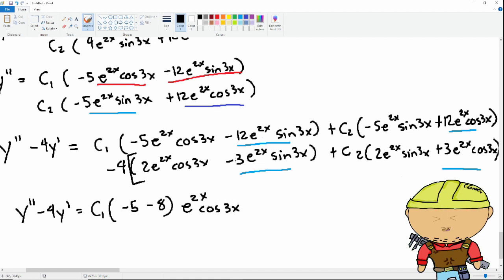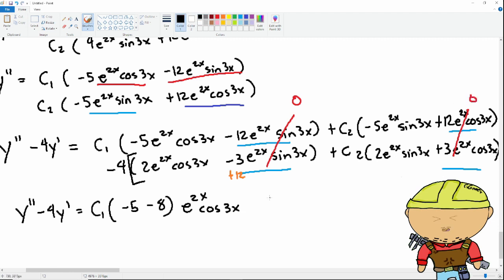This will become negative 12, and minus, that will become positive 12. Positive 12, negative 12 will become 0. We can cancel that, and this will become 0 as well.